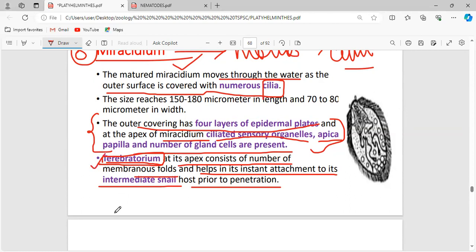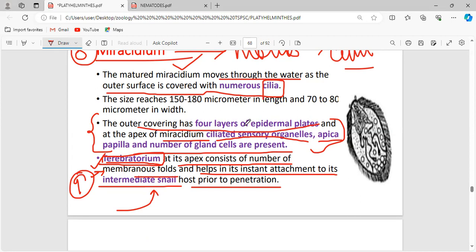The terebratorium is present in Schistosoma. This will help the Schistosoma species to attach to the intermediate host or the snail. Clear? So the ninth important point you have to keep in mind is this point, the terebratorium.